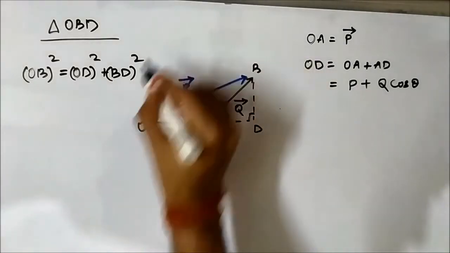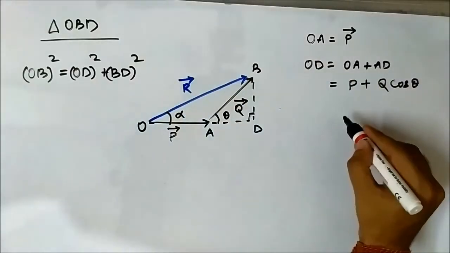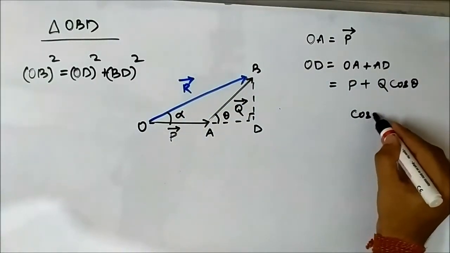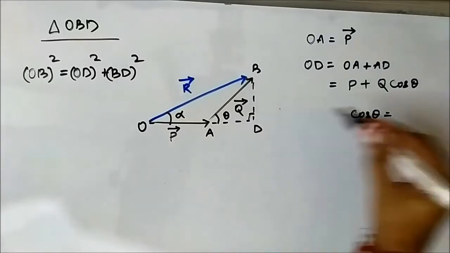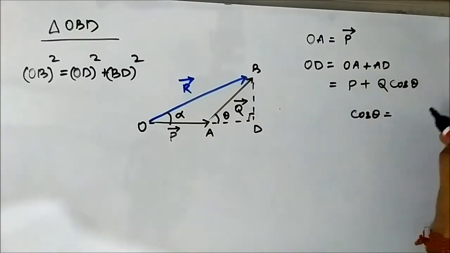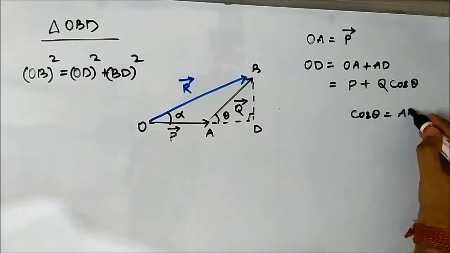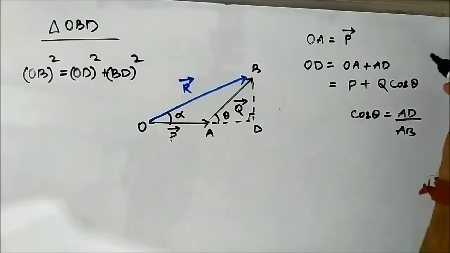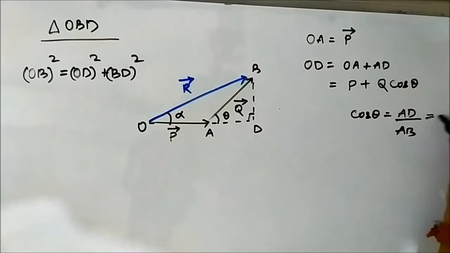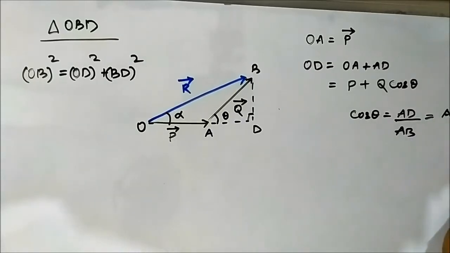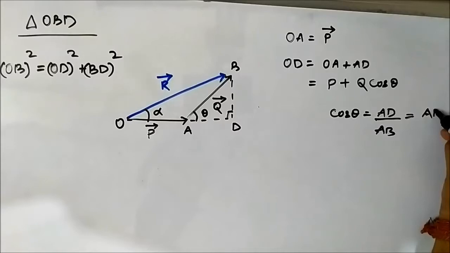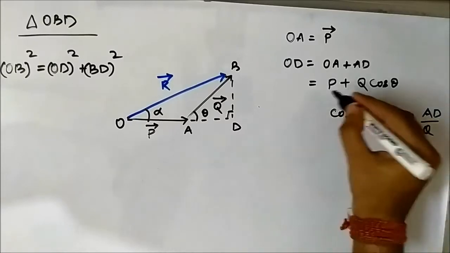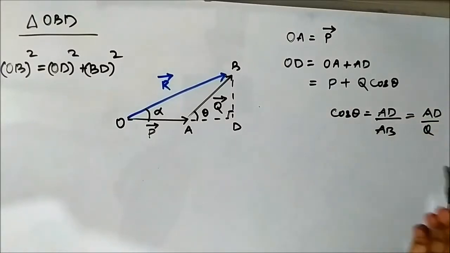Cos theta is base by hypotenuse, which will be AD by AB. AB is Q, which gives AD by Q, so AD is Q cos theta.